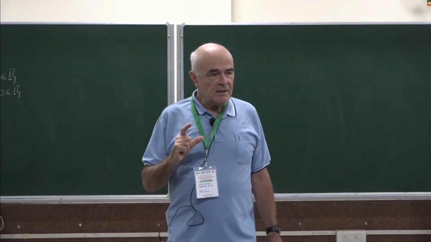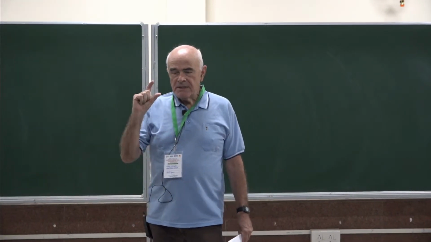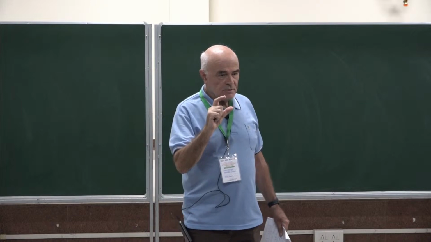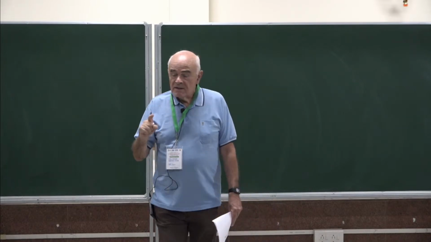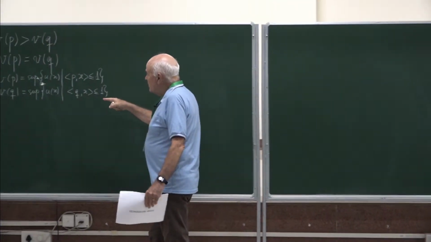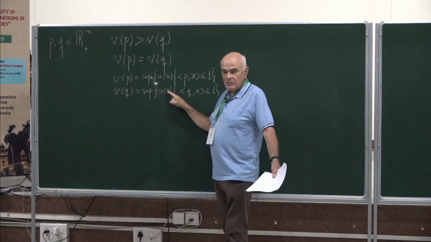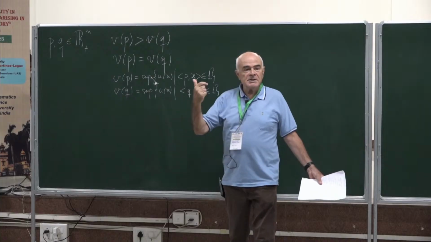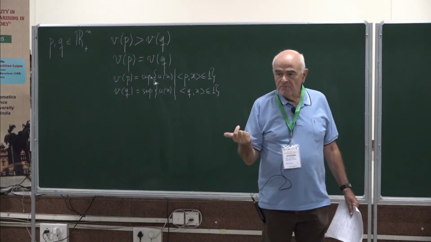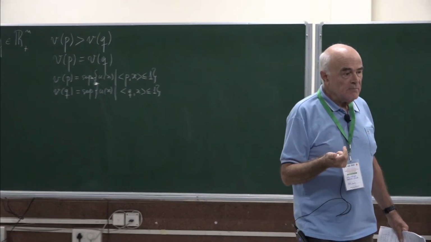What only matters is the difference between values. So saying the difference between the U of X I can achieve and V of Q is arbitrarily small is economically totally meaningless.